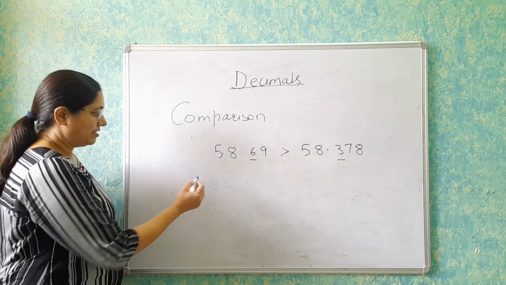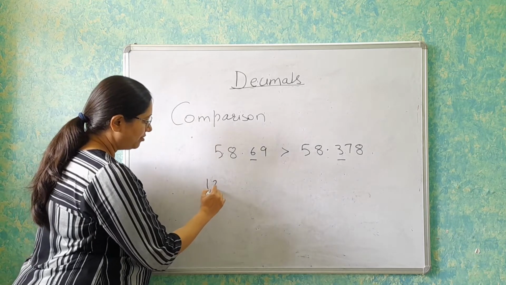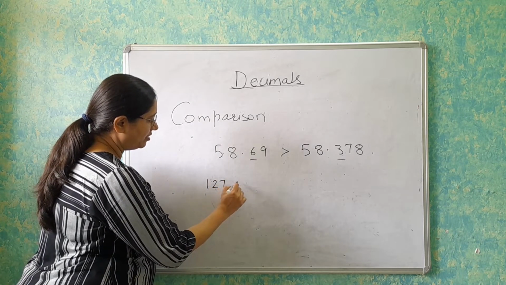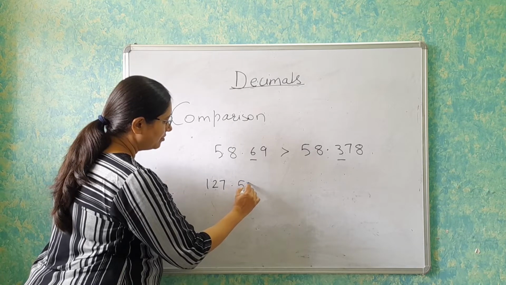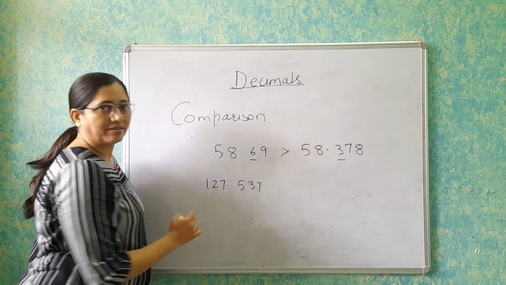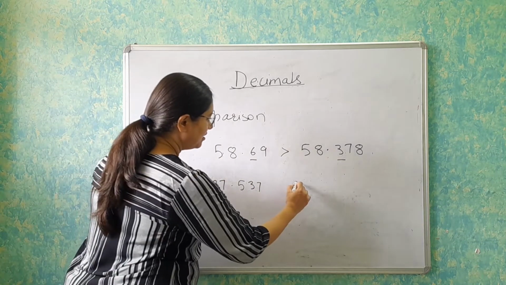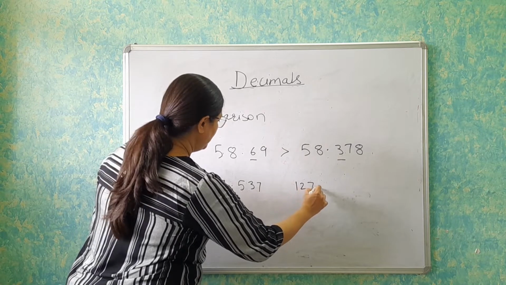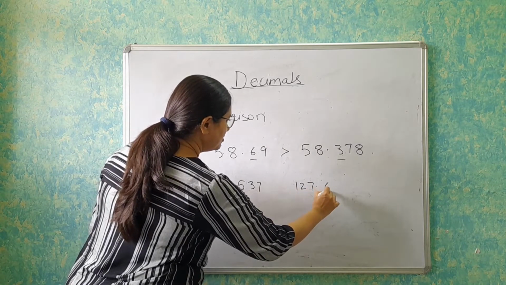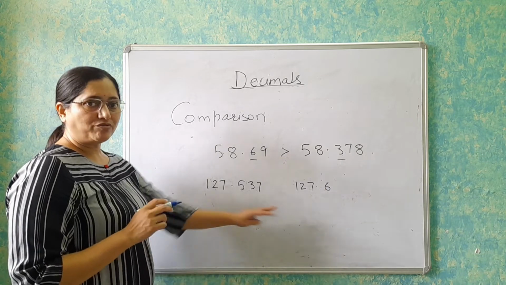Let's take one more example. 127.537, and in second case again 127.6. Which one is greater?